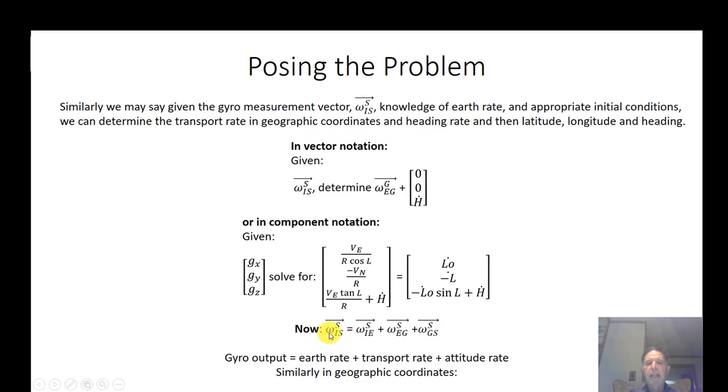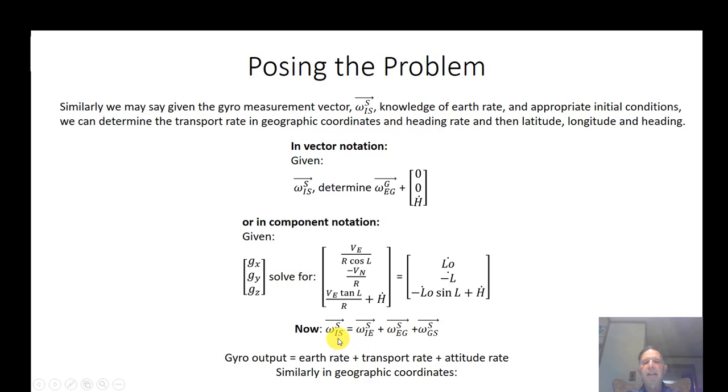So what we have to say is that the gyroscope again measures in its own frame, which we call the sensor frame. In this analysis, the sensor frame will be equivalent for the strap-down inertial navigator to the body frame.